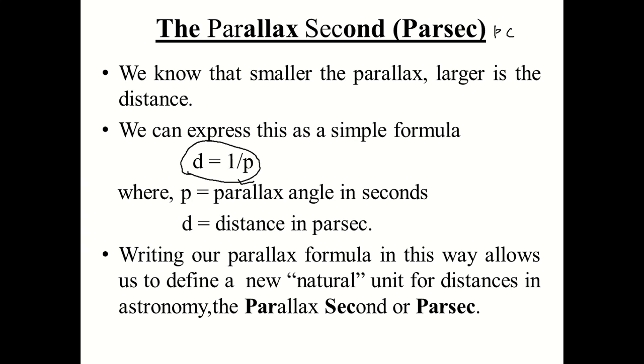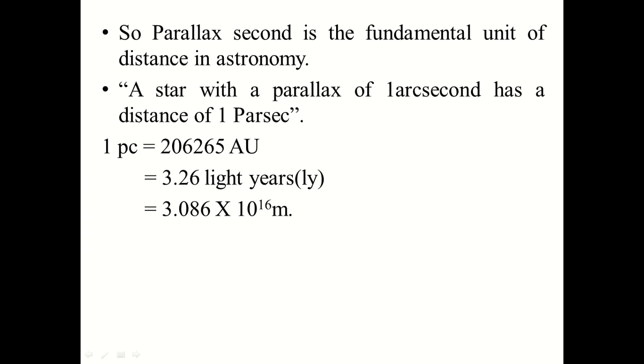It is called natural because it is directly obtained from the measured parallax angle. So, it is treated to be the fundamental unit of distance in astronomy.